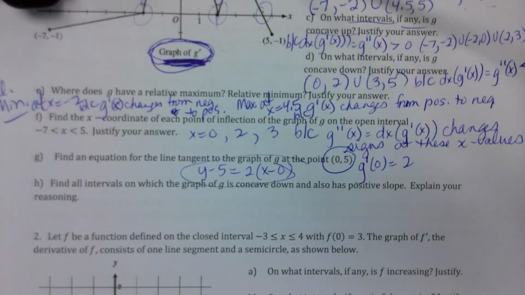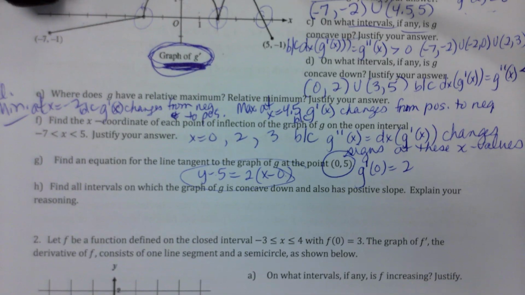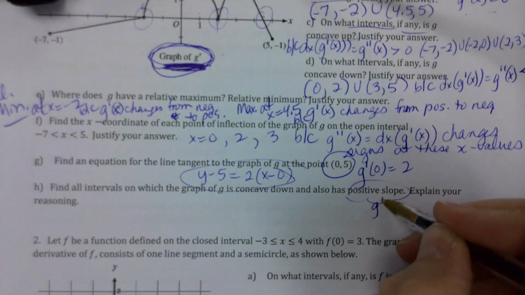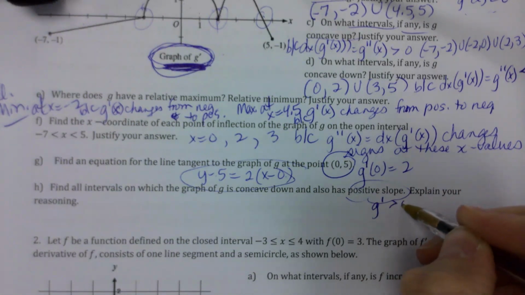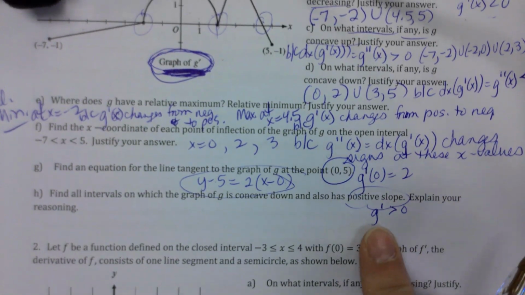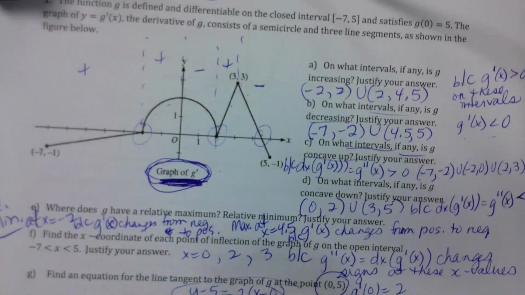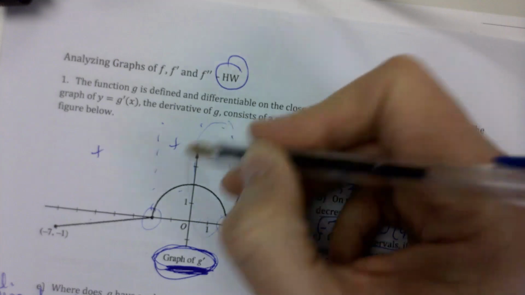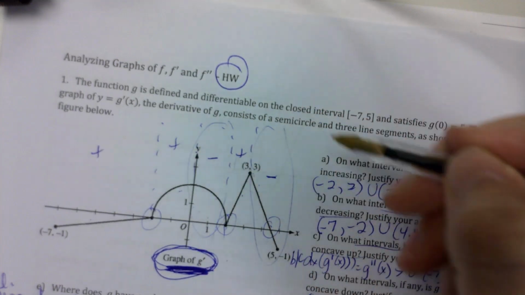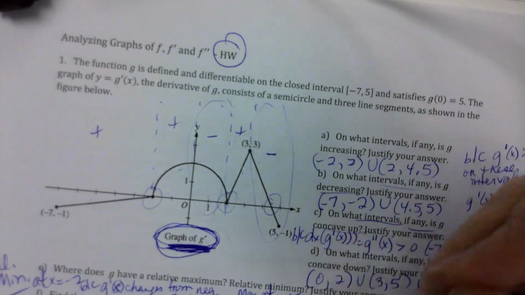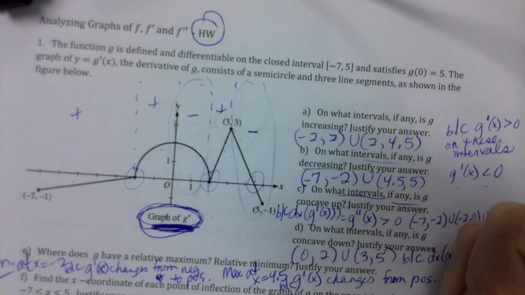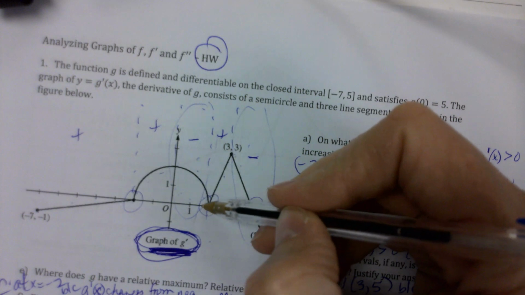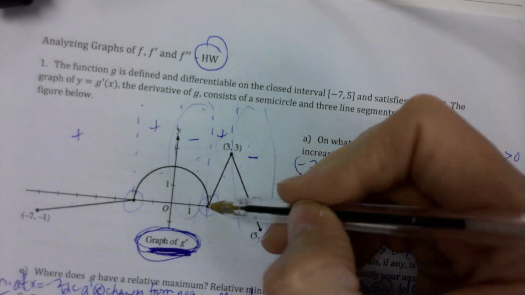All right, concave down and positive slope. Positive slope means what? G prime is greater than 0, right? Concave down means G double prime is negative. We only have this interval to look at and this interval. Where is G prime positive? It's above the x-axis from 0 to 2.